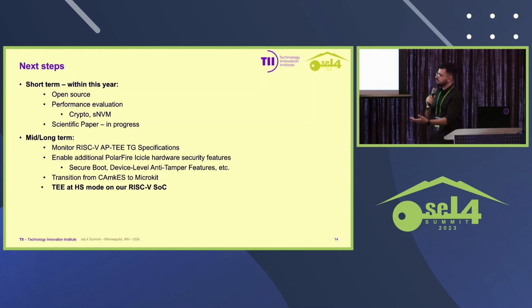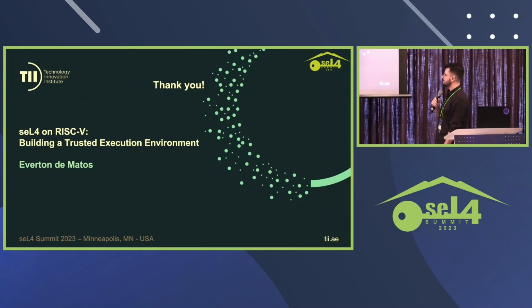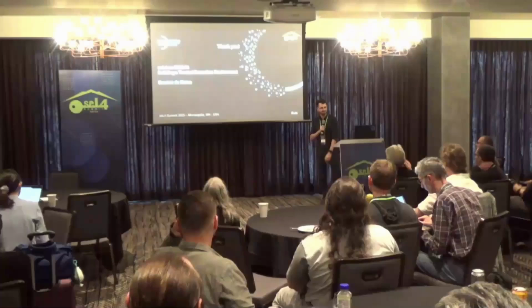And TII has been working on our own RISC-V SoC with the virtualization extensions, or the H extensions. By this means, we hope that we will be able to also implement the AP TEE work from the RISC-V community, and also be able to provide our, let's say, complete TE solution in a more standardized way. So yeah, I hope I gave you a nice understanding of our work, and thank you.